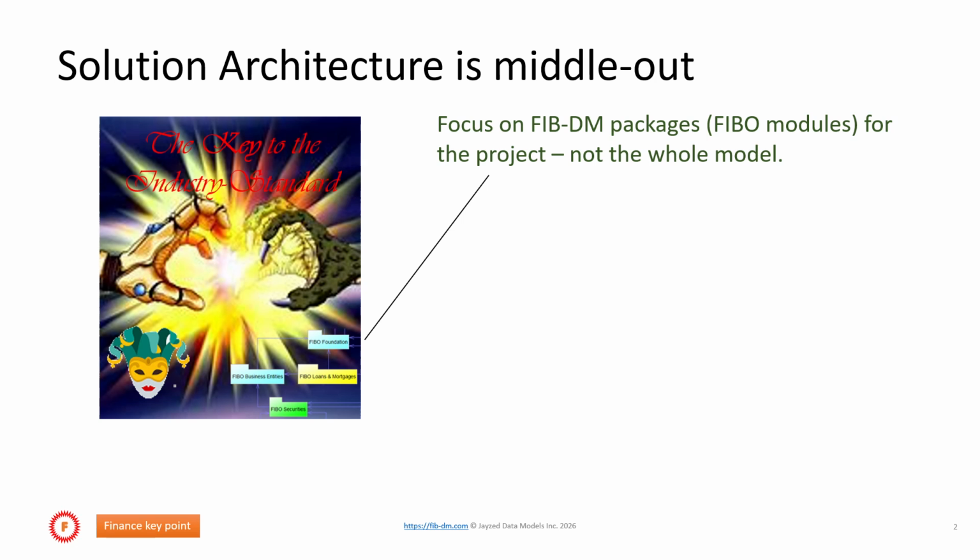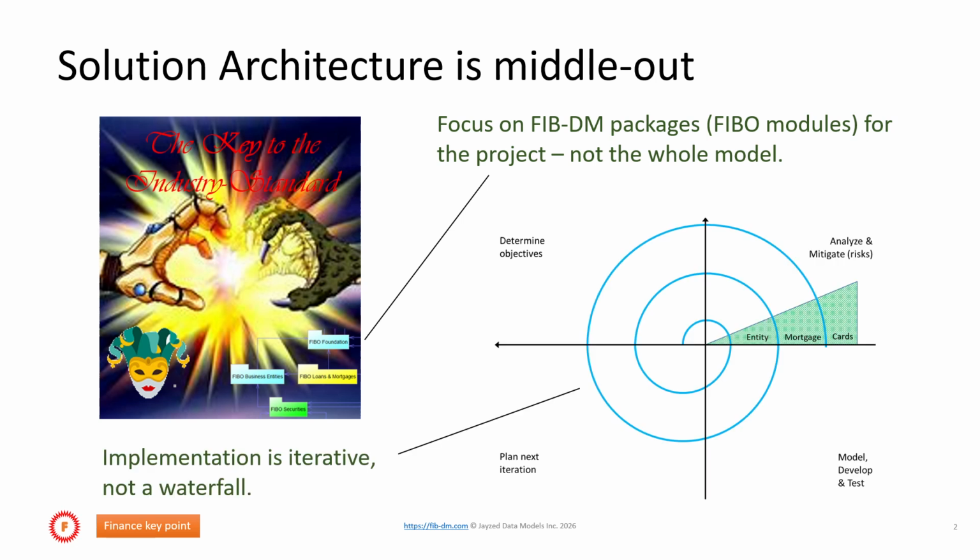So we may be looking at loans and mortgages or at securities or other packages in FIB-DM. And our implementation is iterative. Not a big bang, not a waterfall. We start with small manageable projects.